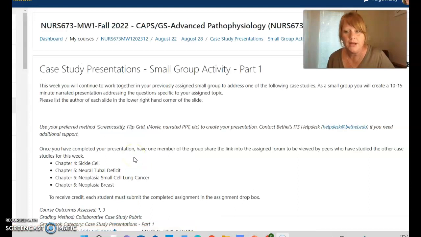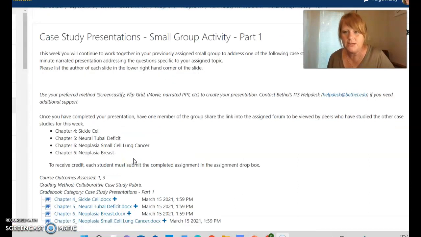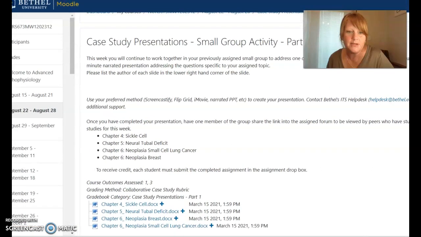You're going to want to have these done and posted into the forum just below this assignment by Thursday at midnight, because we have other things to do with this assignment as well. If you're having any problems, you can contact the help desk and they can give you some guidance on how to complete the assignment.